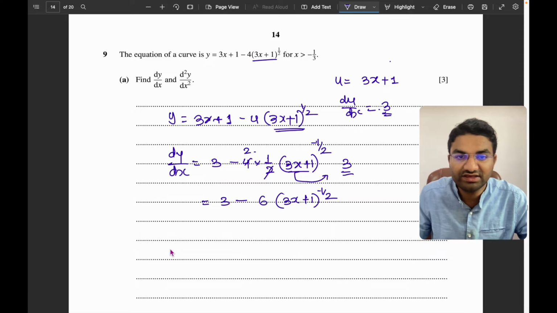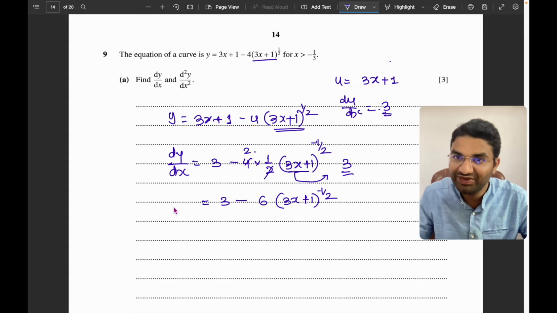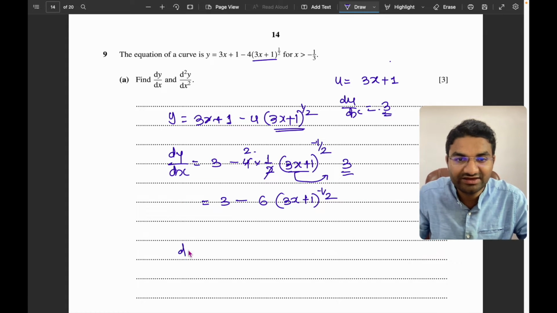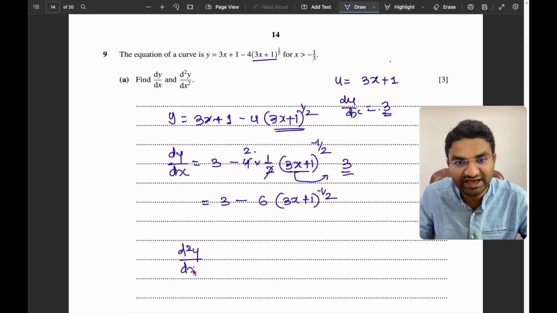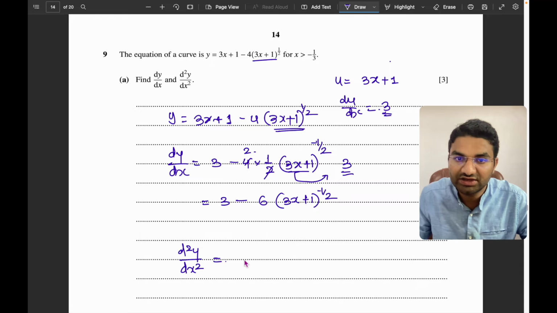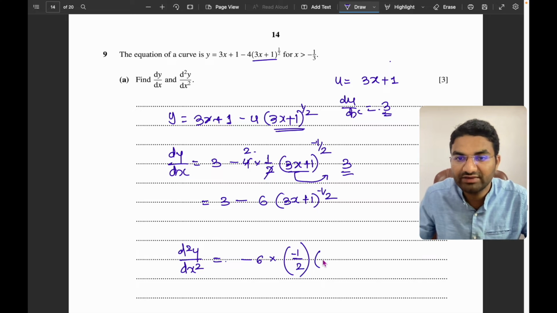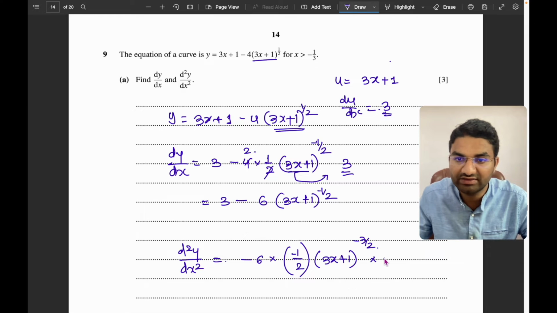Okay, then next this is dy by dx, and for this step you get 1.5 marks. Then next, d2y by dx square. The first part is 3, it's a constant, so it's 0. Then minus 6 times negative 1 by 2 times (3x plus 1) raised to negative 3 by 2 times 3.